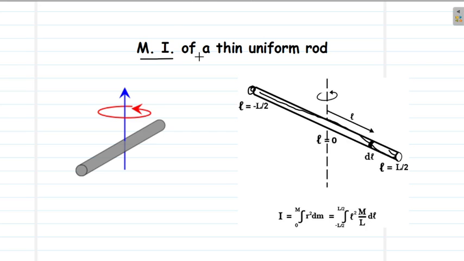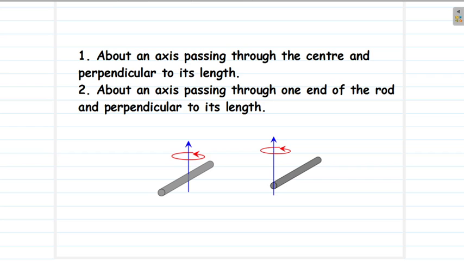So in this unit, we will look into the moment of inertia of the rod about two specific axes. First, we will calculate the moment of inertia about an axis passing through the center of the rod and perpendicular to its length. You can imagine this axis like this. It is passing exactly through the middle, and it is perpendicular to the length of the rod.